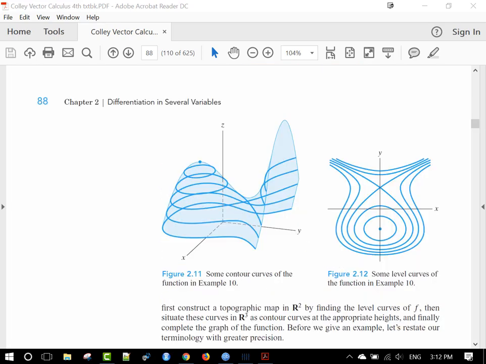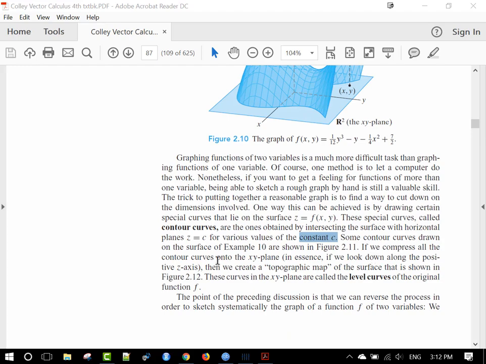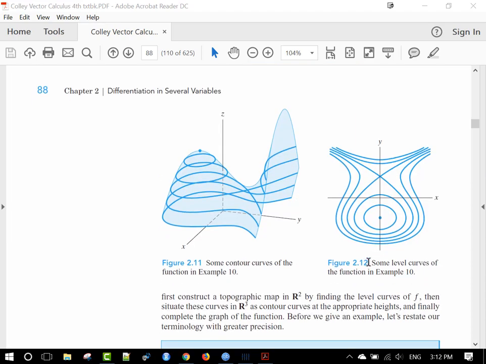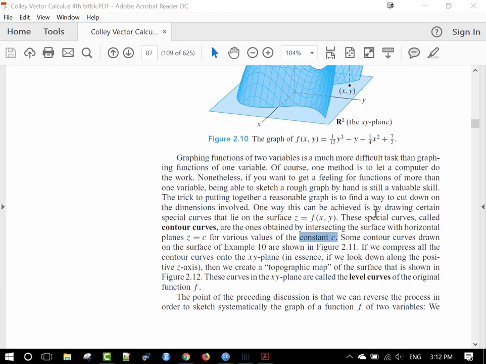Then they say if we compress all the contour curves onto the xy plane, in essence if we look down along the positive z-axis, then we create a topographic map of the surface that is shown in figure 212. So that's this one here. These curves in the xy plane are called the level curves of the original function f. So this is our function f, and those are the level curves.